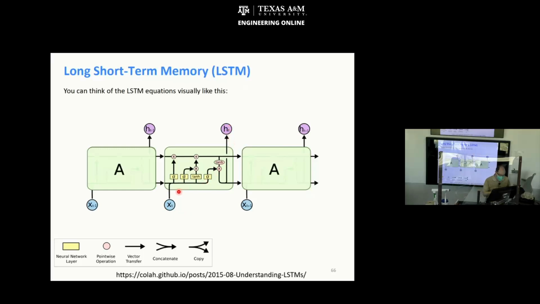To get this output, we use the 3 gates, determining how much of this is going to be forgotten, how much of the new cell states would be written, and how much their combination will be output to the next. So that's what we had. And we can do this in a sequential way, like the on-road recursive formula, over time.